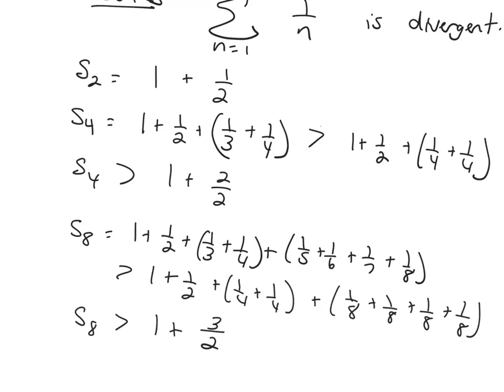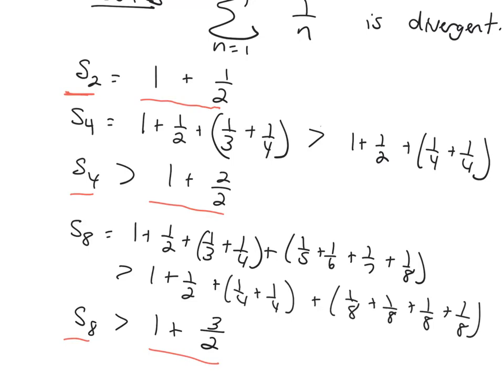So let's take a moment and look at what's going on. S2 was equal to 1 plus 1/2. S4 is greater than 1 plus 2 over 2, and S8 was 1 plus 3 over 2. So I took 2, 4, and 8. 2 is 2 to the first, 4 is 2 squared, 8 is 2 cubed, all right?